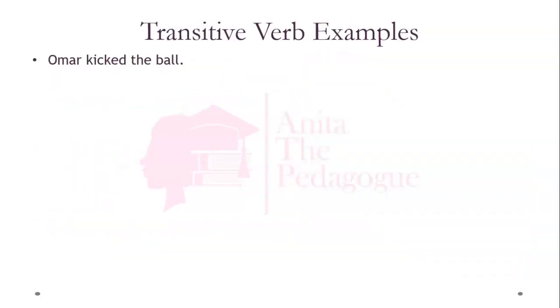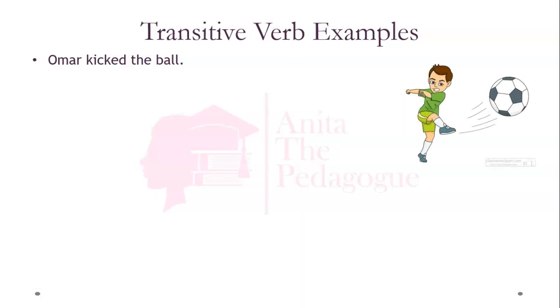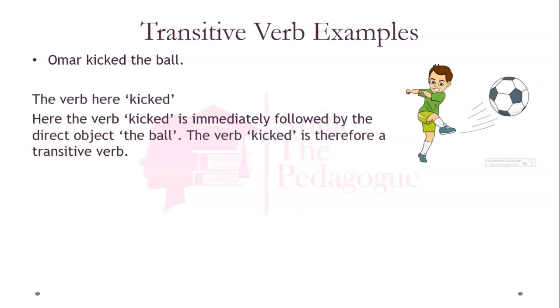Our first example, Omar kicked the ball. In this sentence, can you identify the verb? Yes, the verb is kicked. That is the action. Now, does this action allow a noun group to follow it, or an object to follow it? Yes.